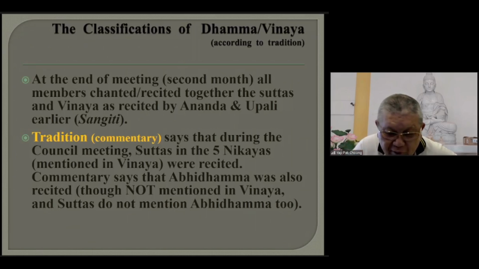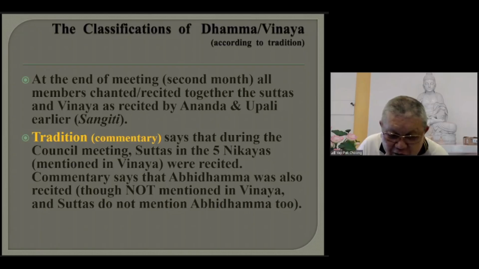So before they left the cave, all the 500 Arahants had to decide together all the rules and all the Sutta teaching, Dhamma teaching, the Kosangiti, in unison, group chanting together. After that, they memorized. Of course, this is according to the Vinaya early text, but the later commentaries add in some extra info.